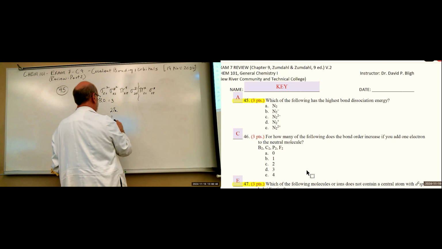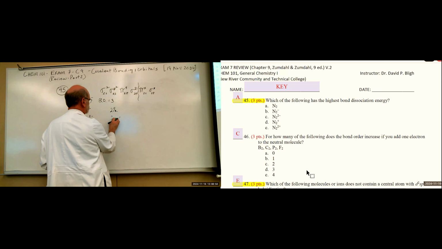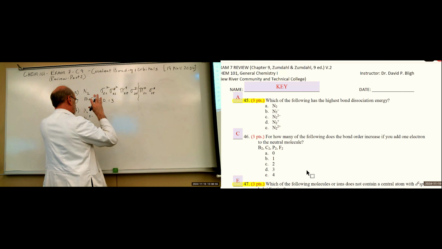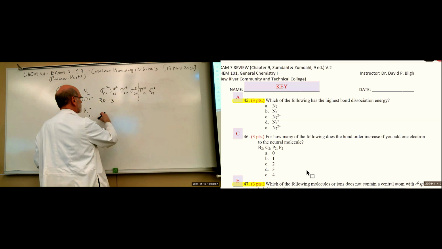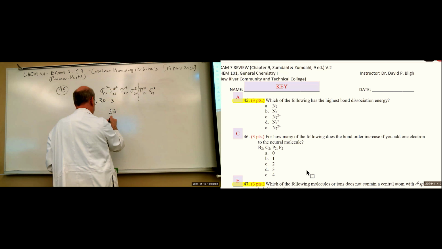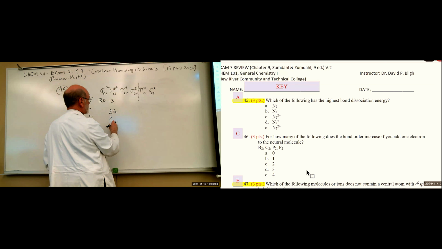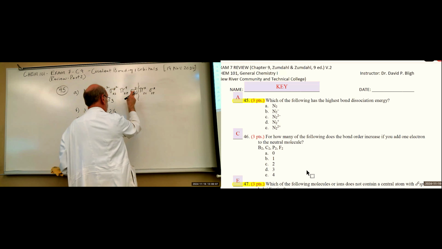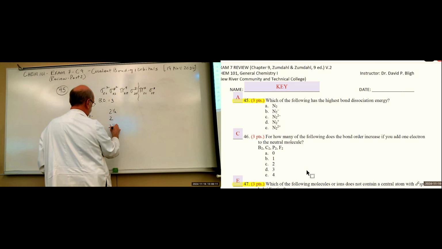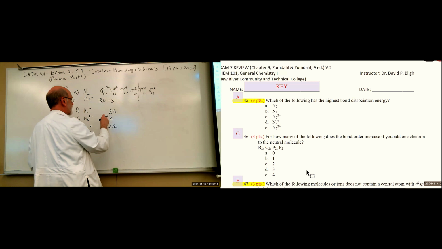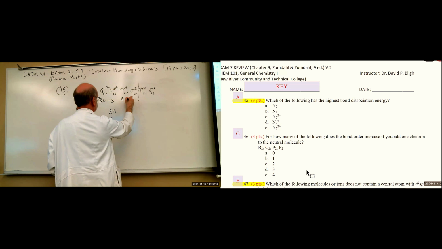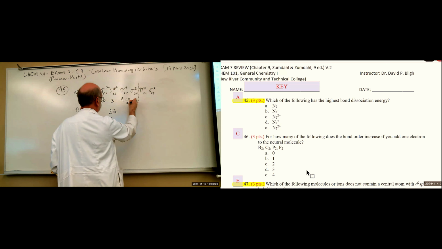Then if we add 1, oh, excuse me, I'm backwards. Hold on a second. Oh, that was right. Add an electron, add 2 electrons. 2.5, 2. Now we're going to take away electrons. You take away an electron from a bonding orbital, and that does the same thing. Only it affects the, let's see, 8 minus 2 over 2 is 3.